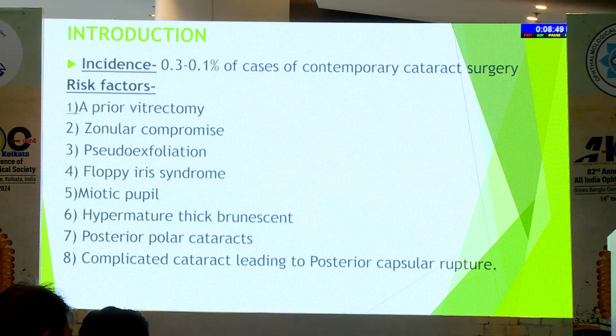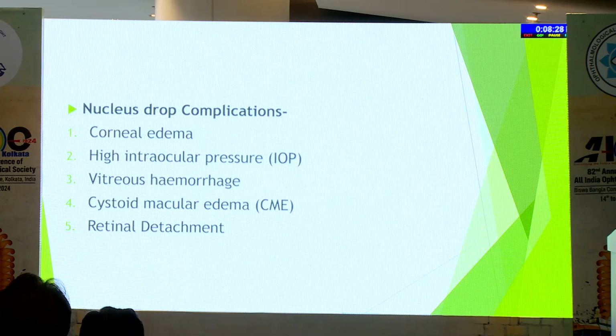These are the few conditions you must examine properly and then proceed with great caution and attention, because the complications we will see after this nucleus drop, cortical matter drop or iris coming into the anterior chamber are serious. Like corneal edema, high intraocular pressure, vitreous hemorrhage, cystoid macular edema, and retinal detachment.